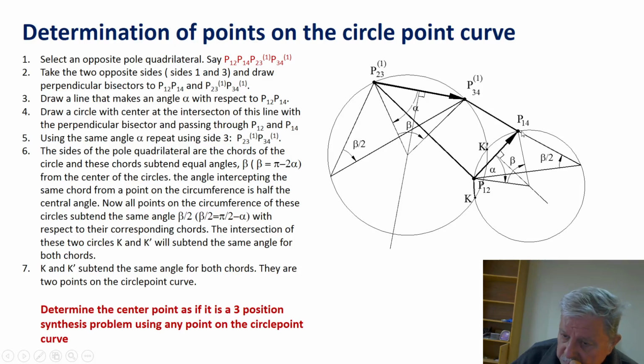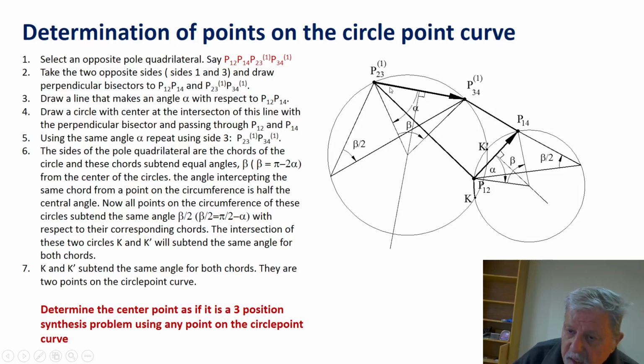Draw an angle alpha with respect to P1 to P14. This line. Now, this angle alpha is clockwise when measured as such. Going from 1 to 4, this is the vector. Alpha is clockwise. Now, go to the other opposite side.